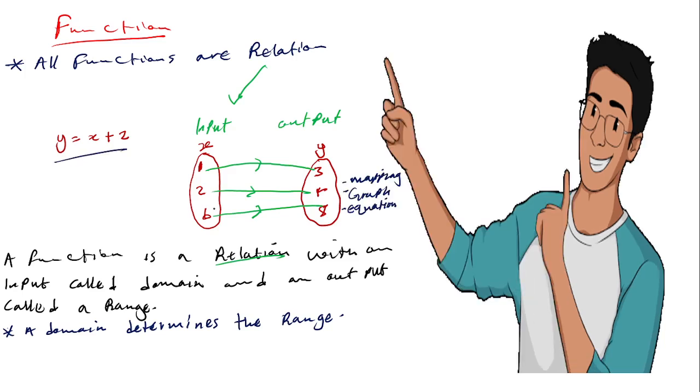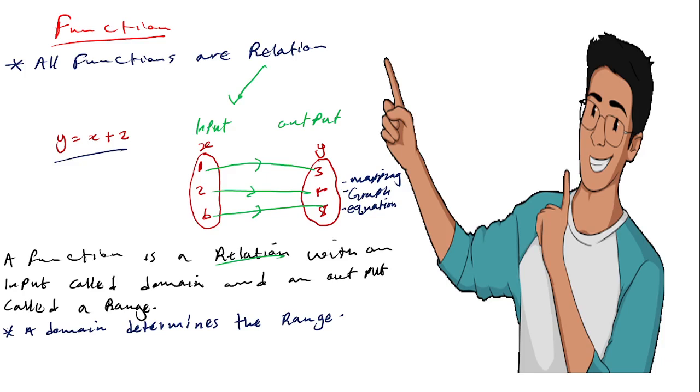Since a function is a relation, and a relation can be shown by mapping, graph, or equation, and even sets, a relation can also be shown using a set.